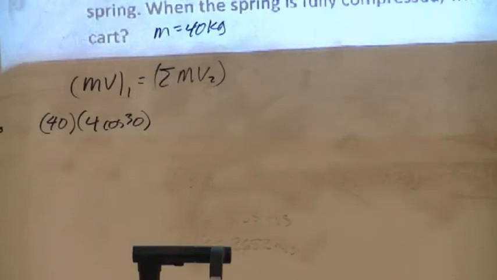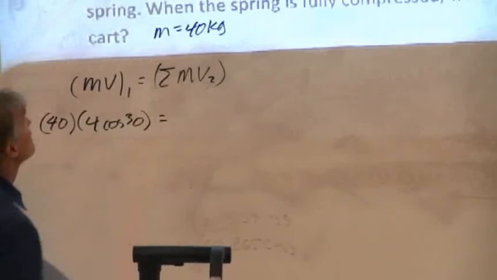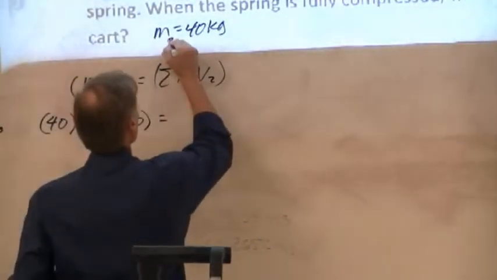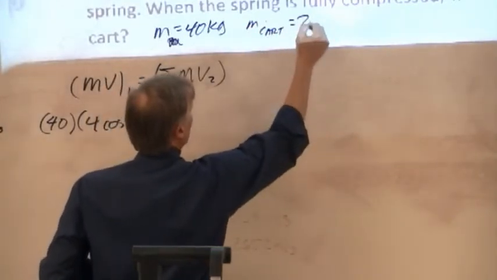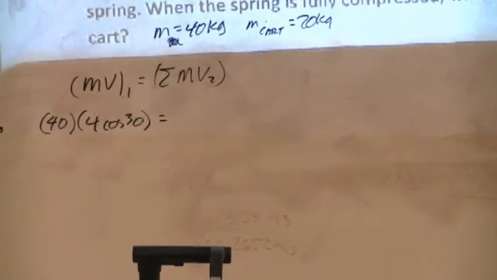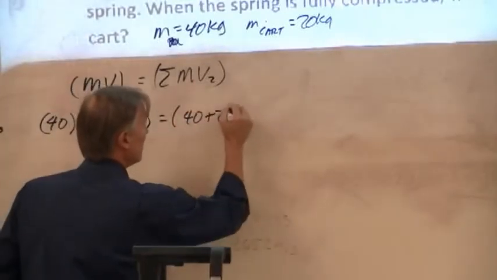Okay. After everything is fully compressed, I got the two masses together. Mass of the box is 40. Mass of the cart is equal to 20. So once it's fully compressed, I got the mass of the box and the cart together. So that'd be 40 plus 20 times v2.